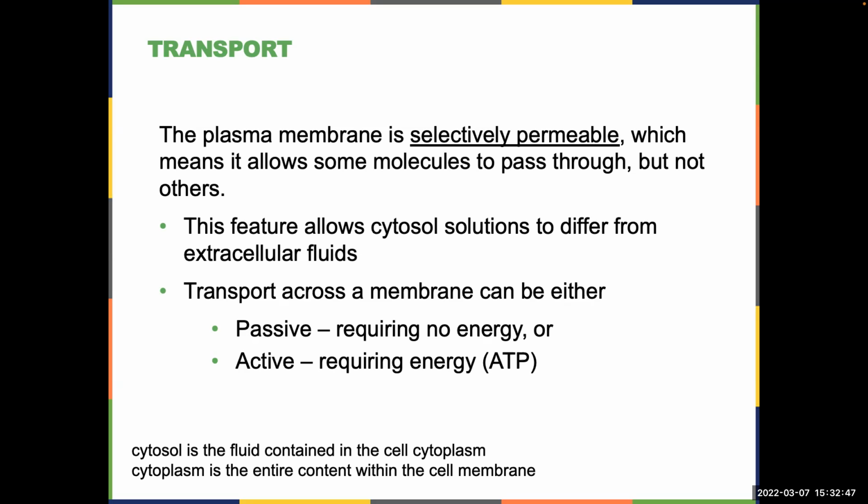This feature allows the extracellular fluid to be different from the concentrations that you find inside the cytoplasm. So cytoplasm is all of the stuff inside the cell, whereas the cytosol is just the fluid portion.